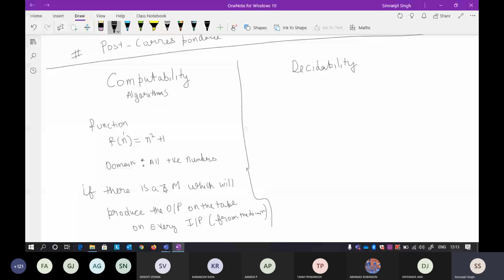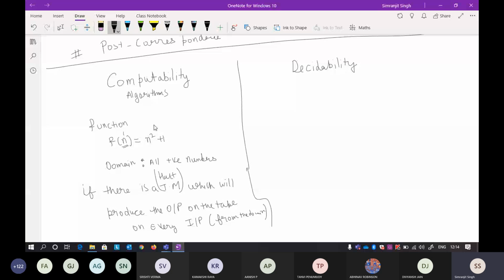So in terms of algorithm, if you are able to design a halting Turing machine which will produce the output on the tape based on the input, that is for all positive numbers, then this particular function will be called a computable function. You put the value, you obtain the corresponding result.